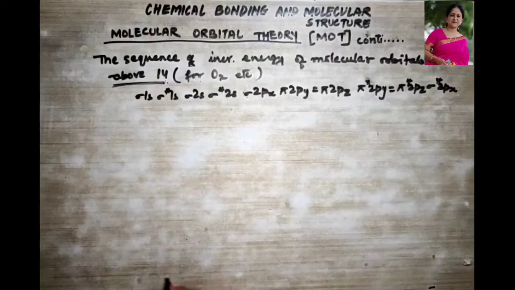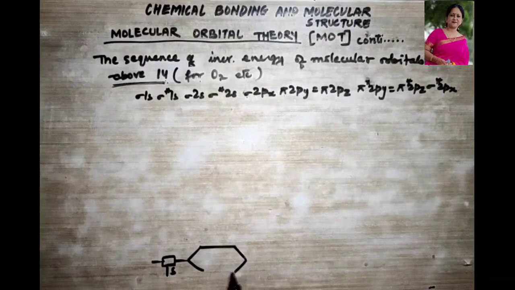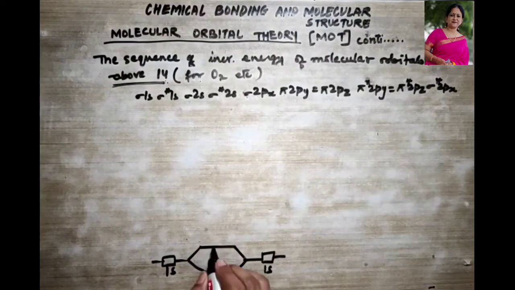So 1s, this is 1s, this is what? This is your sigma 1s, this is your sigma antibonding 1s.